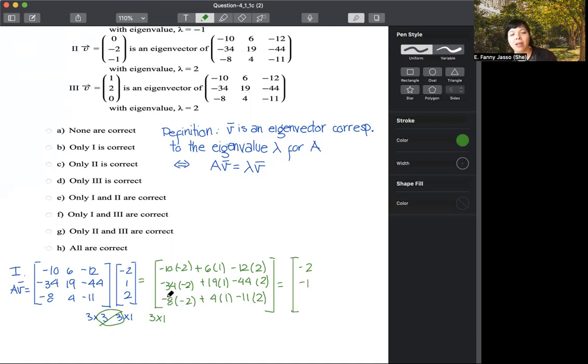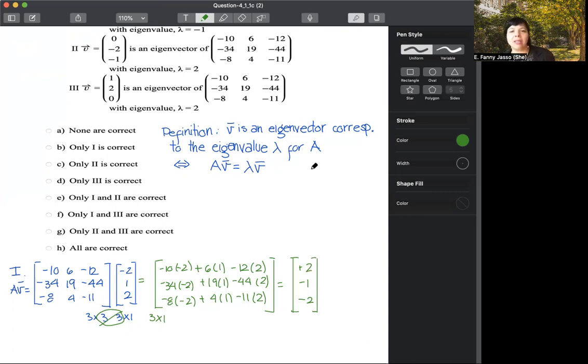And then positive 16 plus 4, so that's 20 minus 22, so I get -2. Let me just double check. I did have some correction there. Okay, so when I multiply A times V, I get 2, -1, -2.